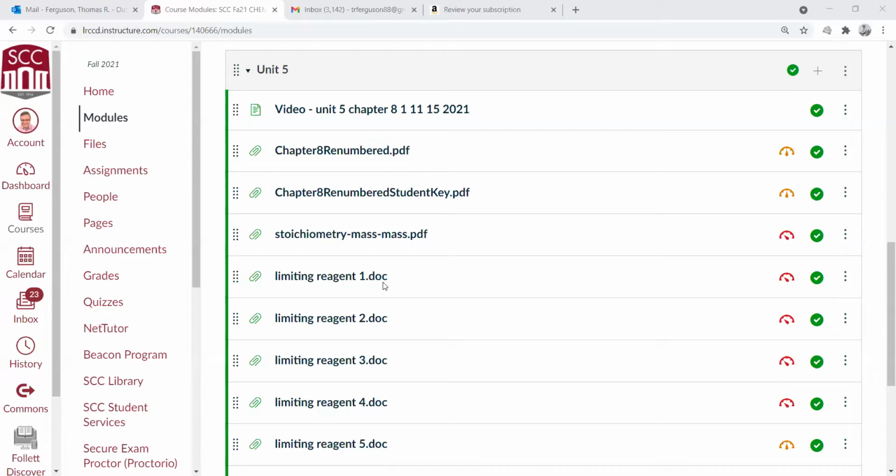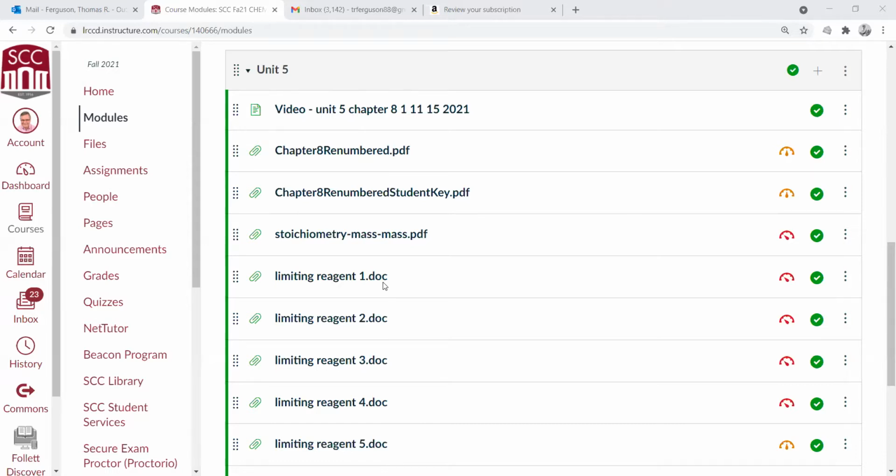This is Canvas. Does everyone see Canvas right now? Because I swapped Windows tabs. I was just making sure everyone's seeing it. It's modules, unit 5. You all see that? Yes, I can see it.